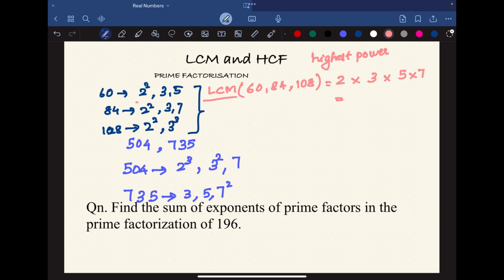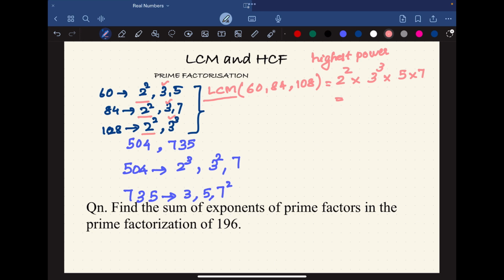So here you can see we have chosen 2, but the powers are same, so we will take the same. Okay, and we have chosen here 3, but the highest power is what? 3 raised to 3, so I'm writing here 3.